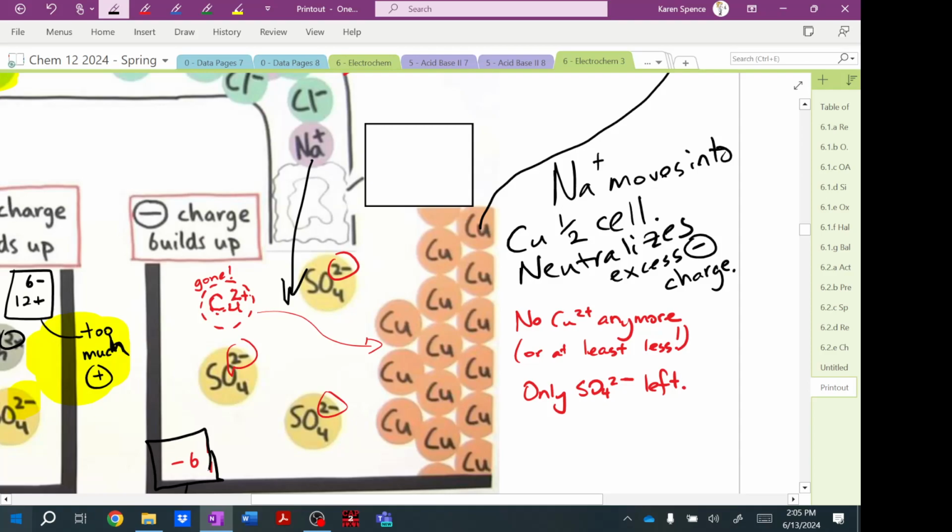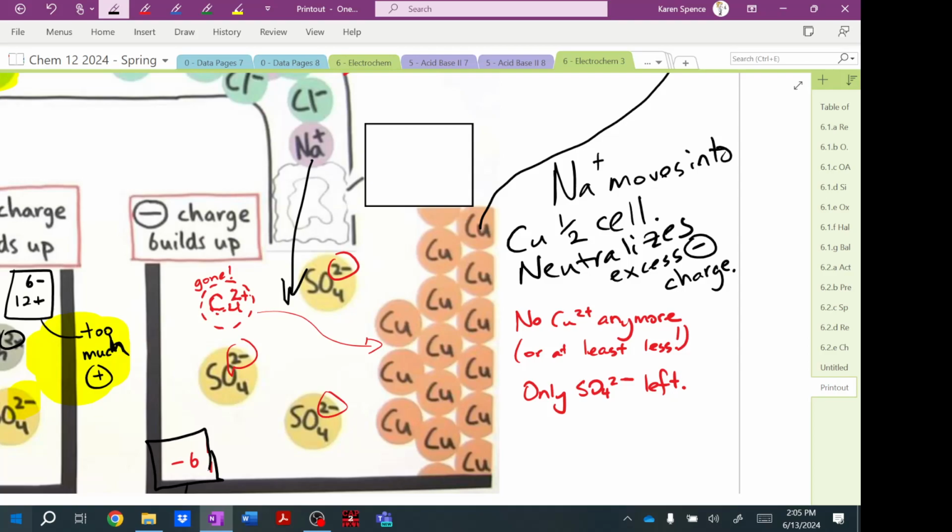Isn't that nice? Because now we can actually have this process take place. If that were not present, the copper 2+ ions would not form copper solid. The zinc atoms would not give up their 2 electrons because we cannot have that imbalance of charge. Okay?